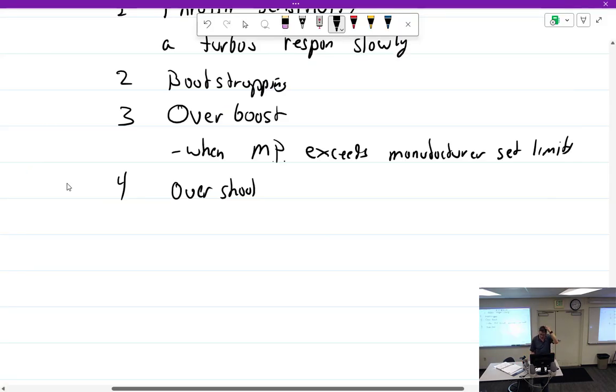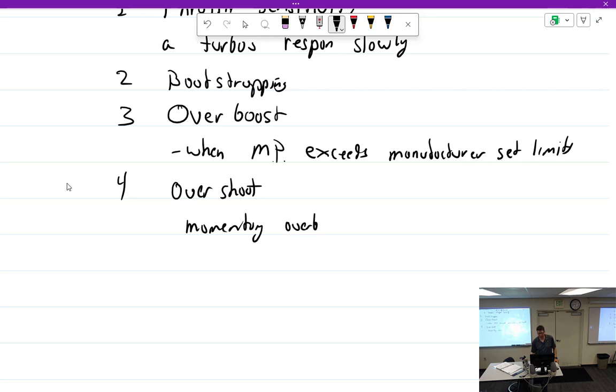Okay, overshoot, that's a momentary overboost due to system lag. For example, with constant speed props, you could actually hear this happen.